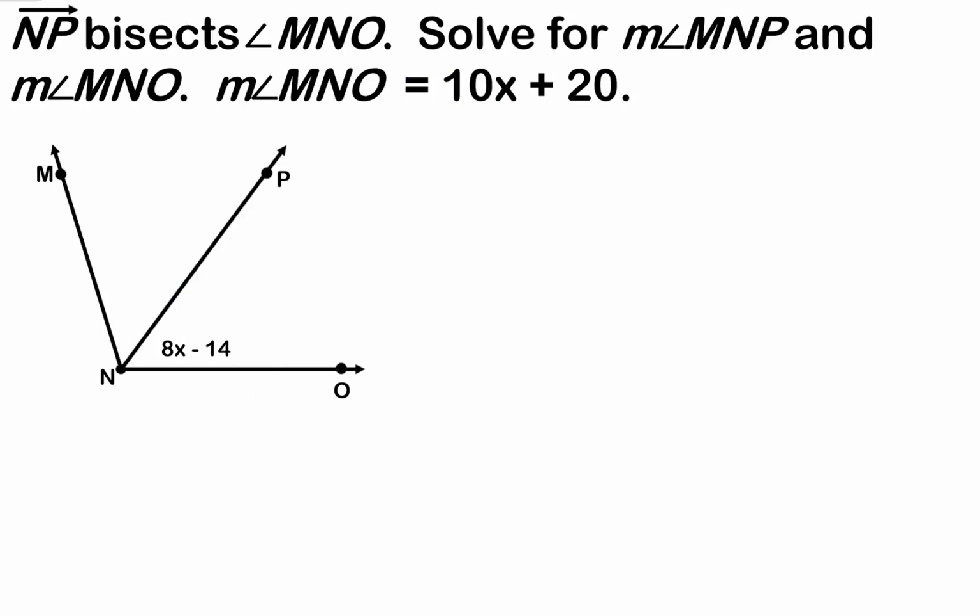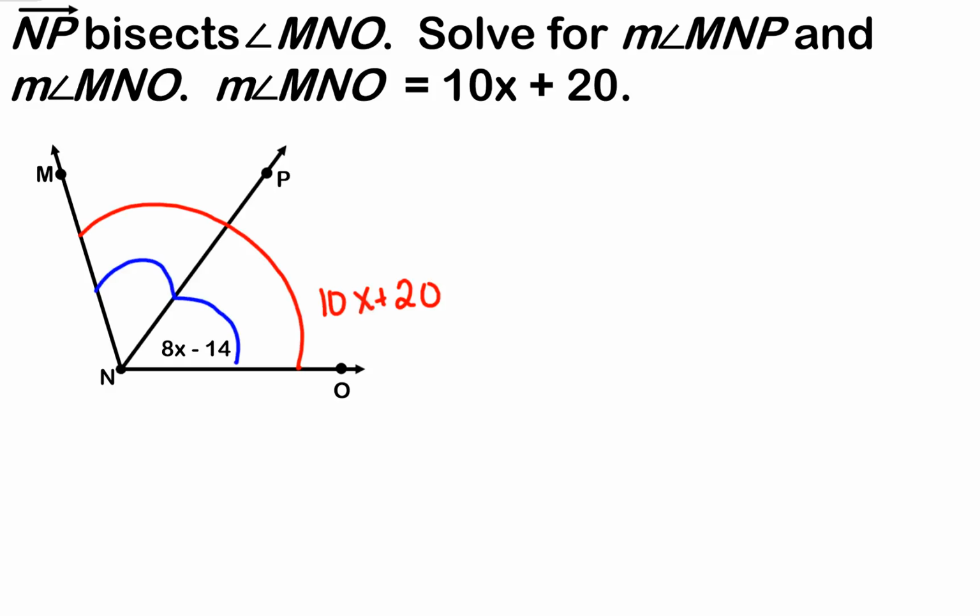On this last one, they tell me that NP bisects MNO, which means that PNO is congruent to MNP. They tell me that the whole angle, MNO, is 10x plus 20.